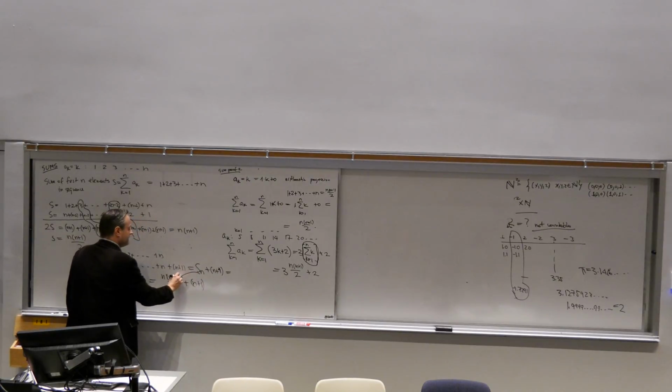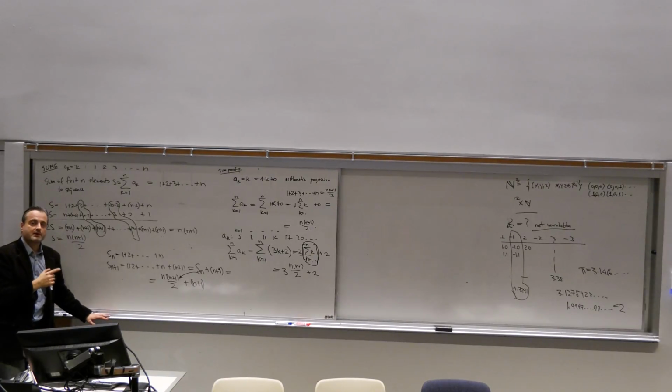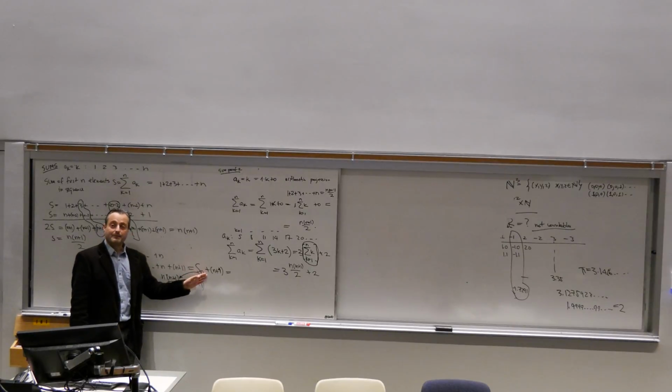In other words, this is my S_n. I want to get everybody to focus on what's going on here. I have a new way to compute this sum. But this is kind of a recursive way. It's saying you want the sum all the way to n plus 1. What you have to do is get the one up to n, compute that one, and then just add n plus 1 to it.